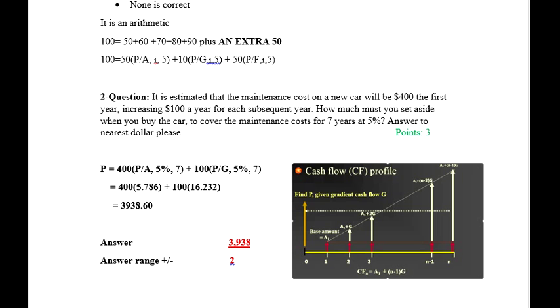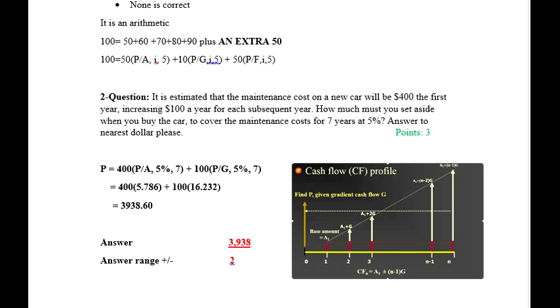So your formula for the present value can be P equal to 400(P/A, 5%, 7), because the percentage of interest is given as 5% and your N value is 7, plus, because it keeps on adding, 100 times (P/G, 5%, 7).